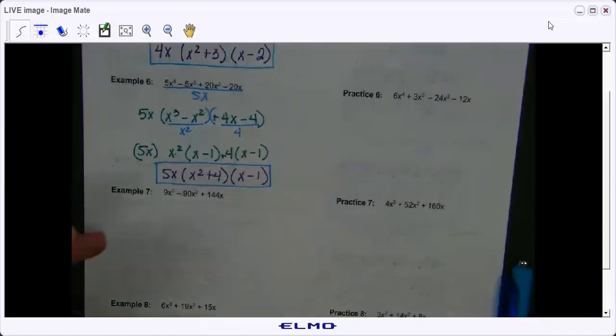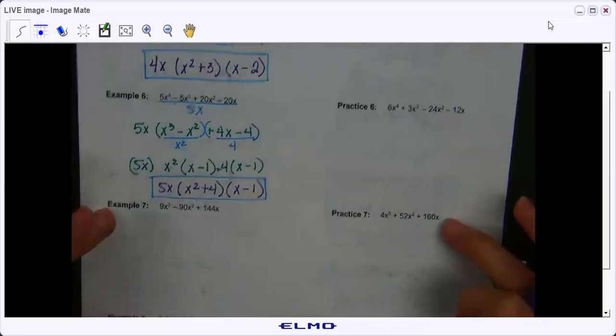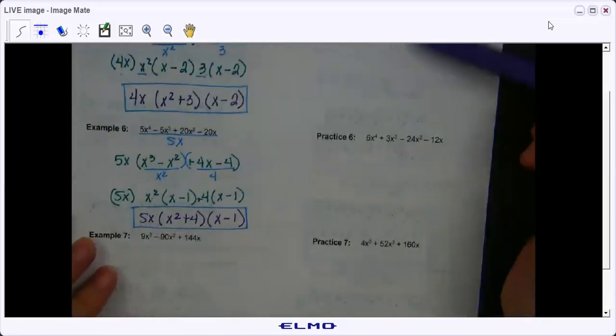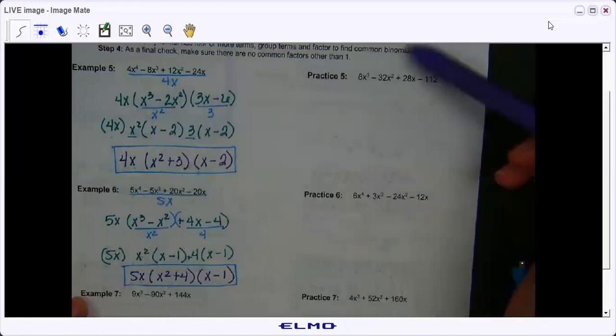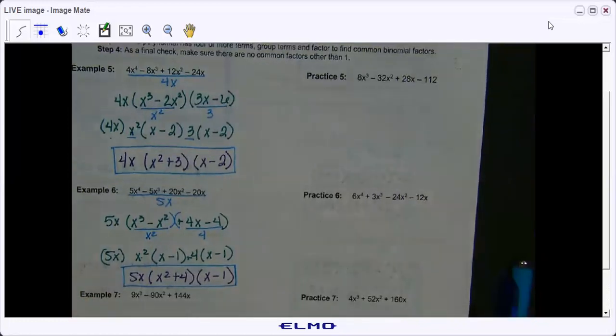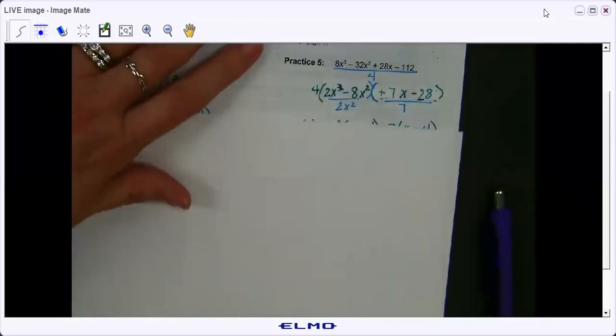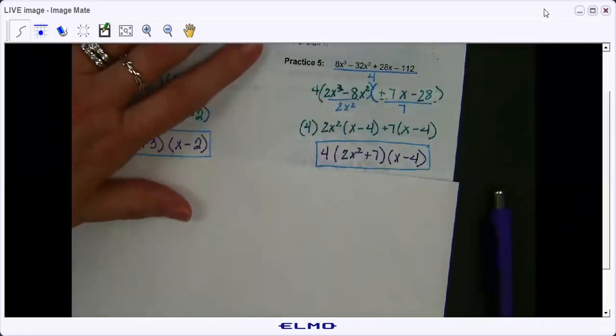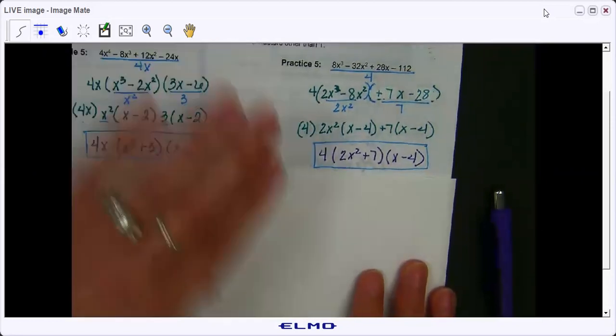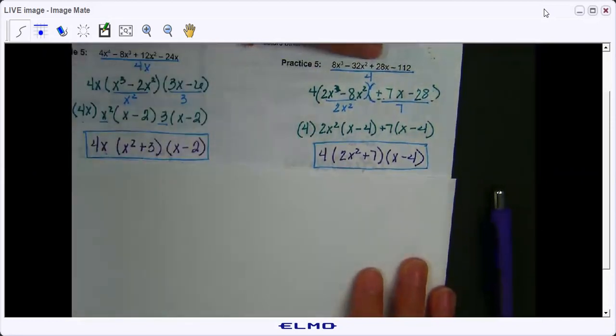Okay, before we move down to these 4 down here, 7 and 8, I want you to try practice 5 and practice 6. Okay. And then we'll come back and check our answers. Okay, here are the answers to, well, here's the first answer to practice 5. So I took out the greatest common factor 4.